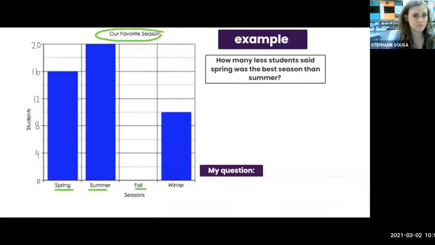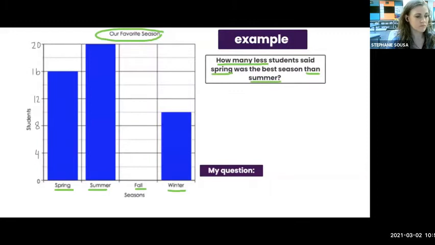My question says, how many less students said spring was the best season than summer? So again, I'm noticing my question words, how many less? Then I'm comparing 2 sets of data on the graph. Then I can look at my categories, spring and summer.